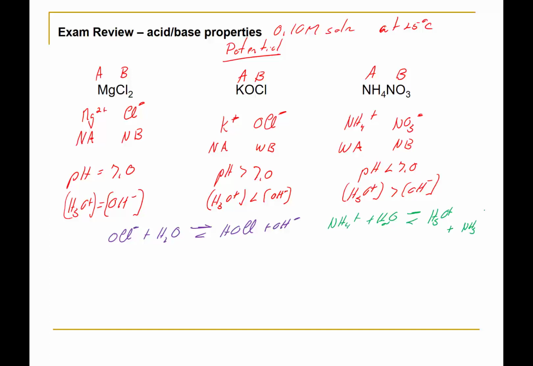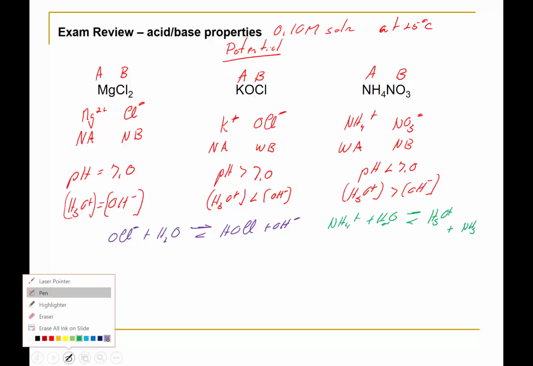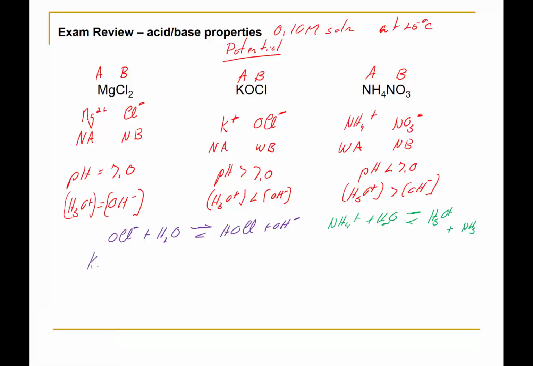Now, just to add to this review, you may remember that we can actually calculate the pH of each of these different solutions. All we need to have is the Kb and the Ka respectively. I'm not going to do the calculation, but just to highlight the idea, if we had the Kb for hypochlorite, then we could determine the hydroxide ion concentration.